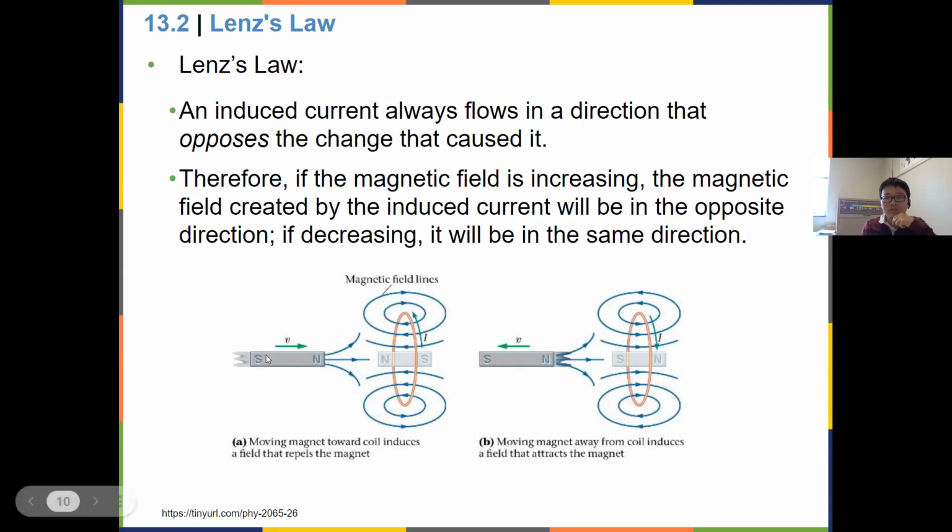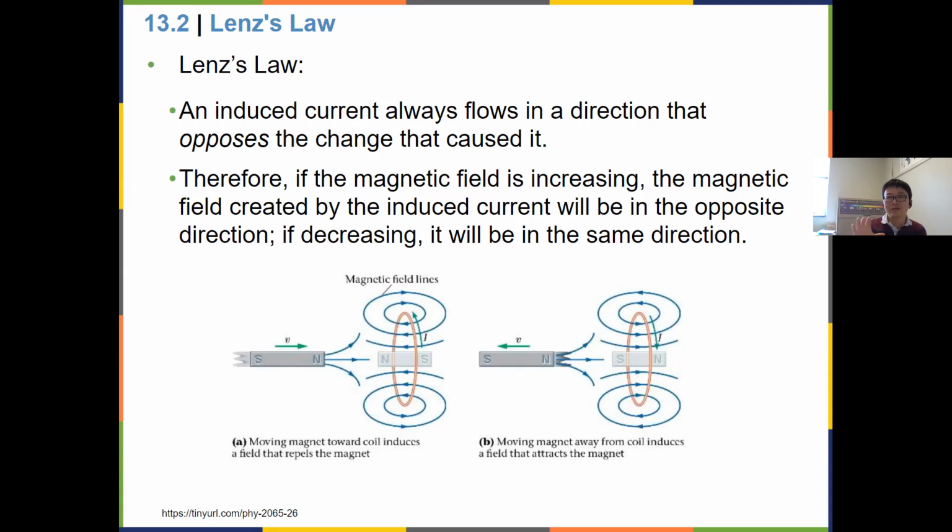So as you are approaching it, you have this current induced. The effect of this current will oppose the change, and the change is due to the increase in the flux. Because there's current in the conductor, it results in a magnetic field.